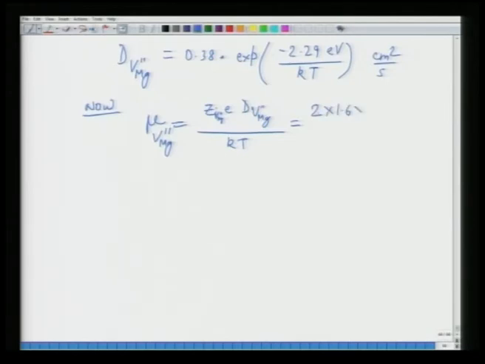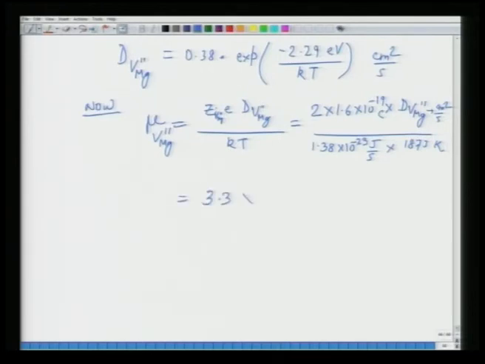So, 2 into 1.6 into 10 to the power minus 19 coulomb into D_Vmg divided by 1.38 into 10 to the power minus 23 joule per kelvin into 1873 Kelvin, and D is in centimeter square per second. If you now put in the value of temperature and work it out, this comes out to be 3.3 into 10 to the power minus 6 centimeter square per volt second. So, this is the value of ionic mobility mu_Vmg.